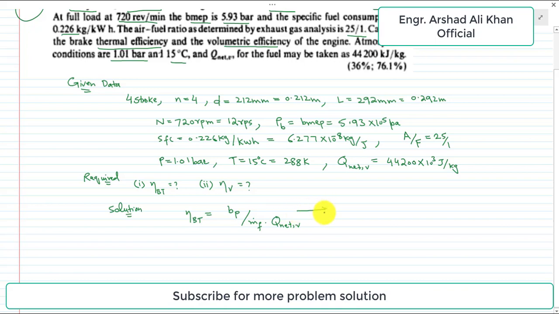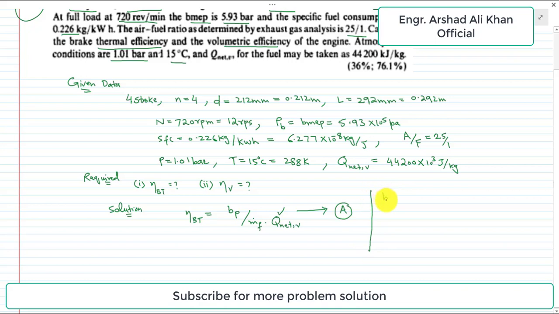So this is the expression. Let's suppose this is expression A. Now in this problem we have been given the net calorific value, and the brake power and mass flow rate are missing. So we will find the brake power and mass flow rate first.